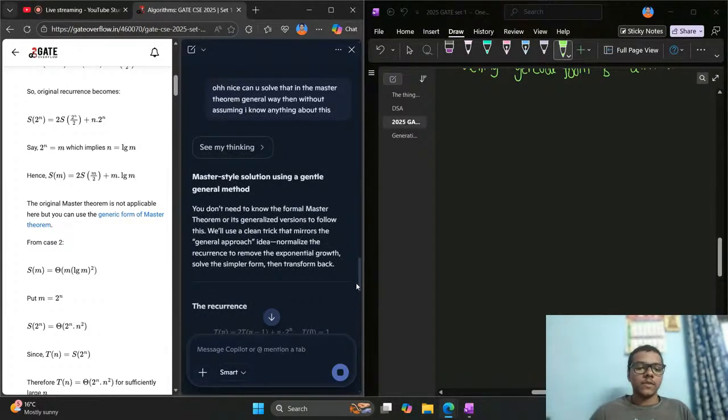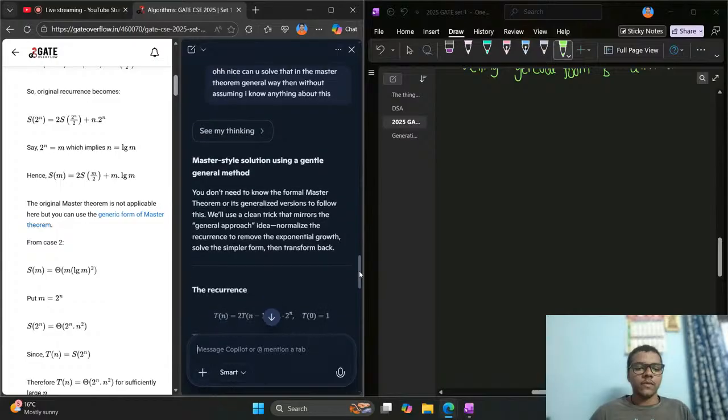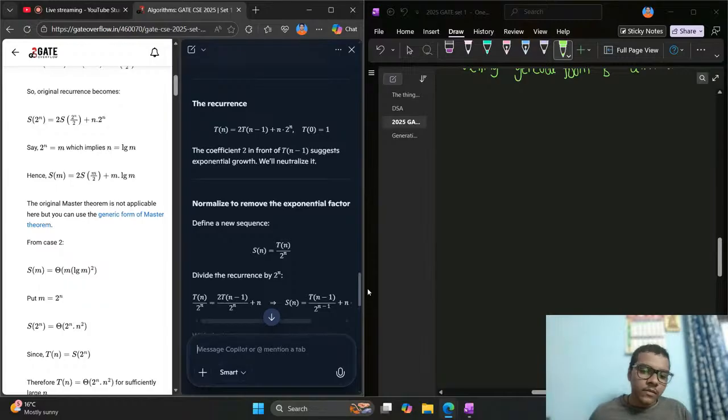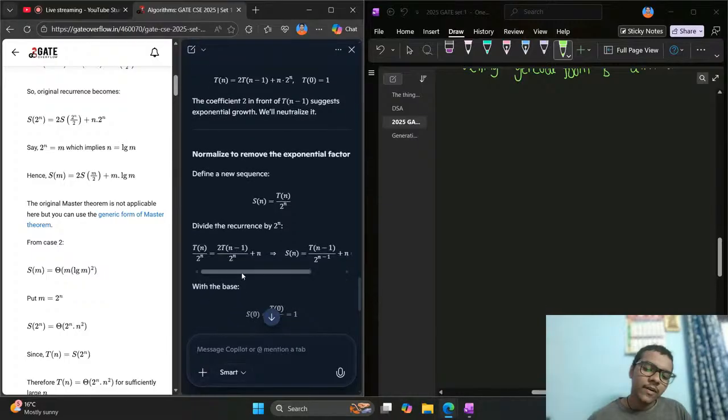Master theorem is a general method. This is the recurrence. Okay, exponential growth.